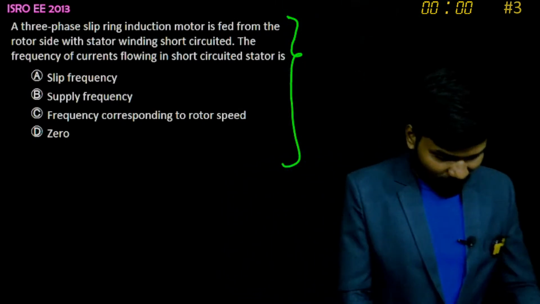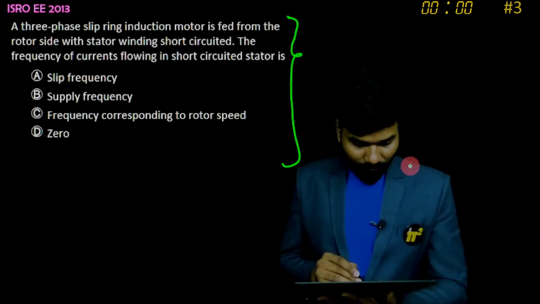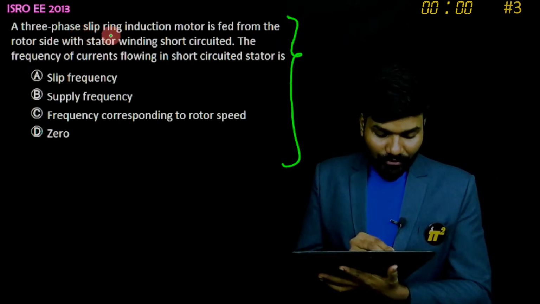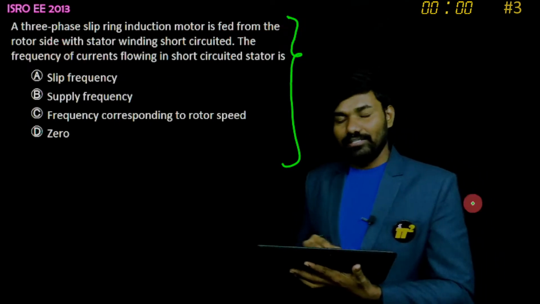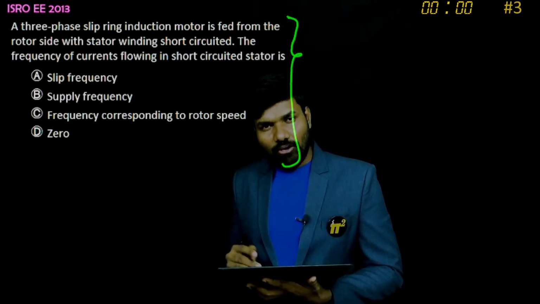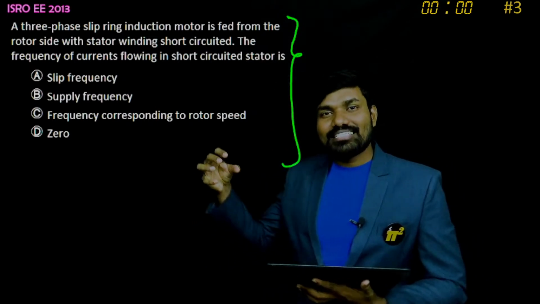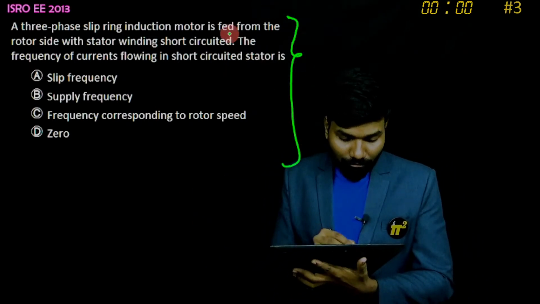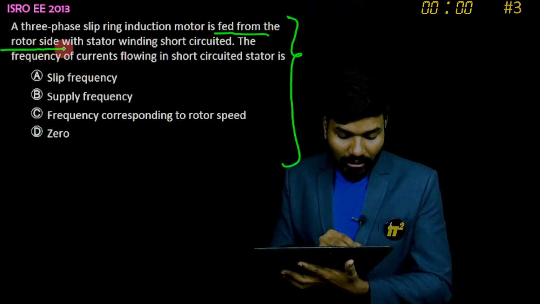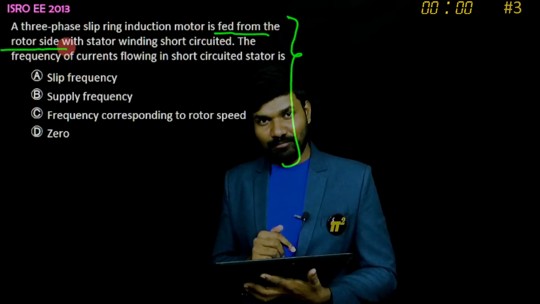Let's see what that analysis is. A three-phase slip ring induction motor is fed from the rotor side. Normally, we give input to the stator, but here we are feeding input to the rotor side, not the stator side.